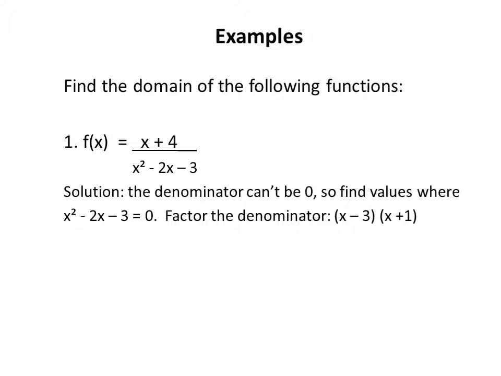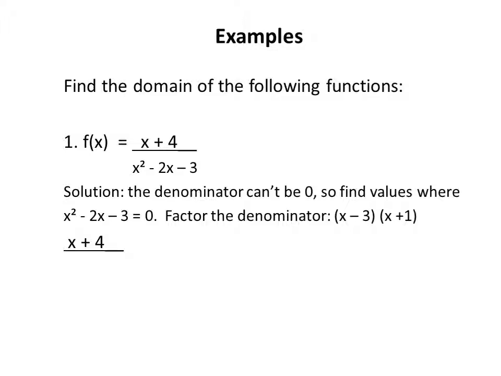What about x plus 1? What number would make that equal to 0? If I plug in a negative 1, or you can think of it as adding 1 to a negative 1, then negative 1 plus 1 cancel each other out, and it's 0.